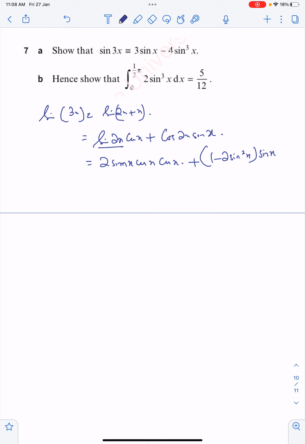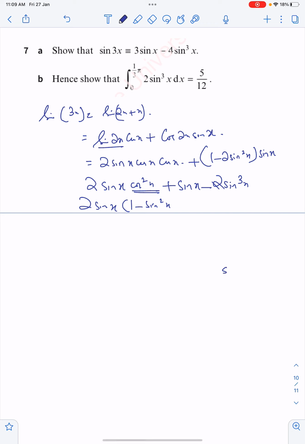Okay, so if I multiply this, I will get 2 sine x cos square x plus sine x minus 2 sine cube x. Okay, if I change cos square x to sine square x, it will become 2 sine x into 1 minus sine square x. Okay, just writing down the basic identity of sine square x and cos square x: cos square x equals 1 minus sine square x.